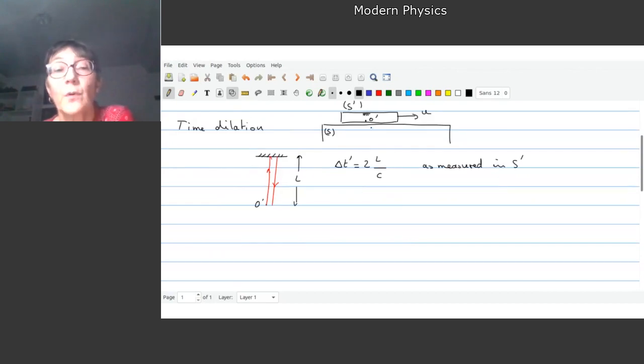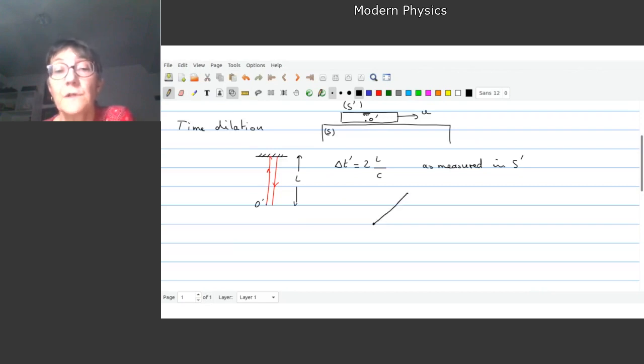Now I will draw what this looks like as seen from the platform. If you see it from the platform, it's not exactly an observer. First, you have the emission of light. The light will travel, it's not an infinite velocity.